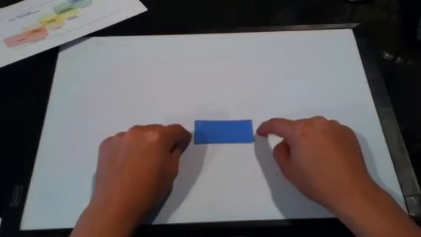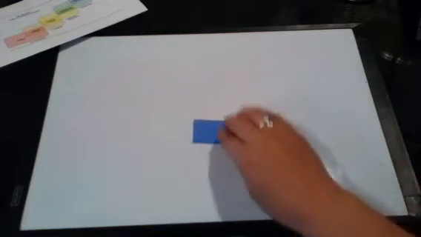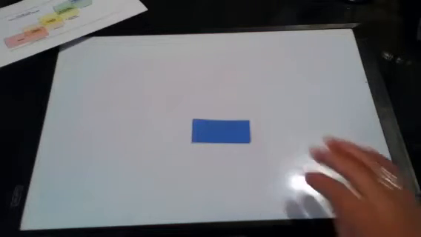Like they might say something like, well, that is a rectangle because it has 4 sides, 2 of them shorter, 2 of them longer. The 2 shorter ones are parallel and equal in length. The 2 longer ones are also parallel and equal in length.